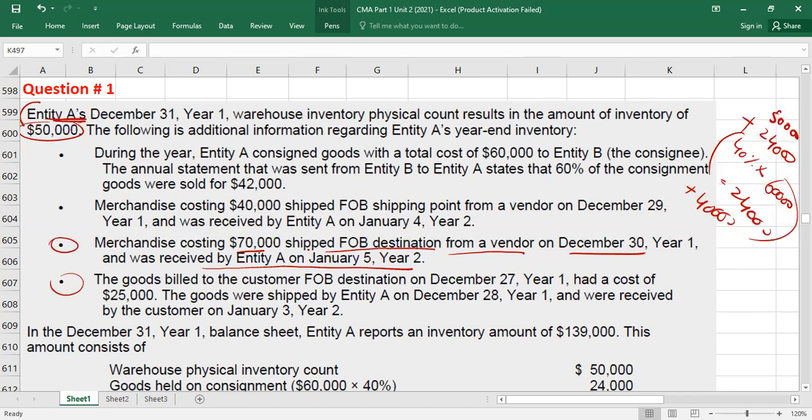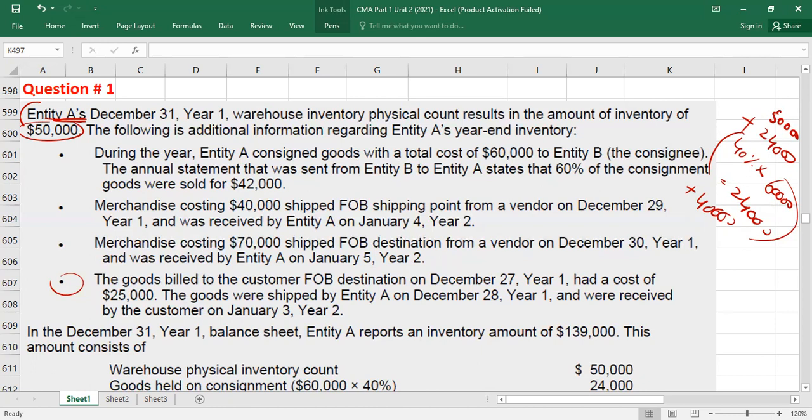Now the last point. Go through. Who are you here?